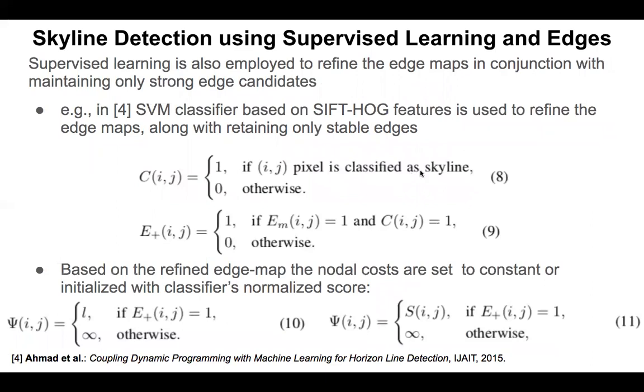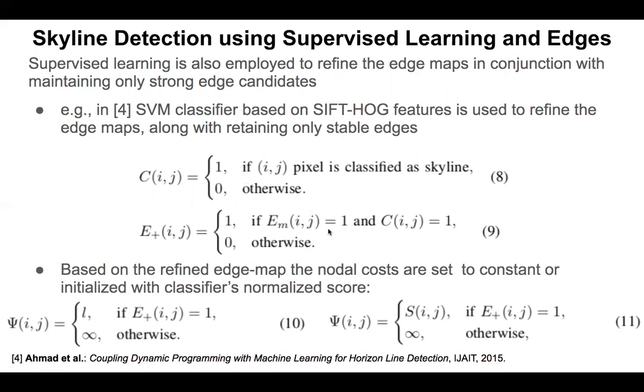Similarly, in earlier work, we have explored classification, for example, a support vector machine trained on SIFT and HOG features. We have used this trained classifier in two ways. One is to first identify the edges which belong to the skyline and the edges which don't, which refines your edge map.